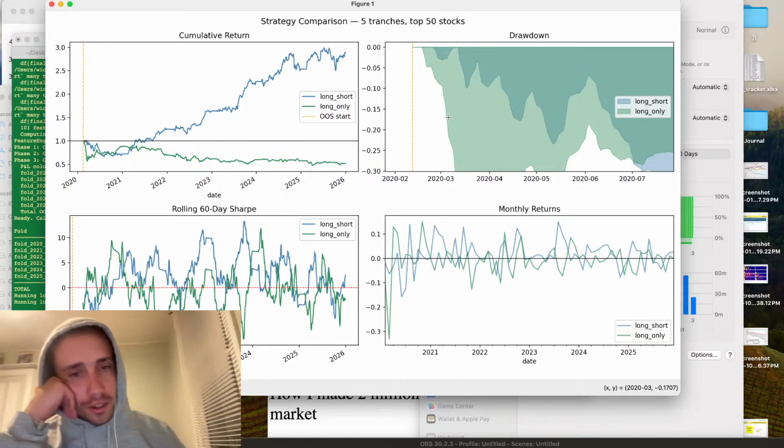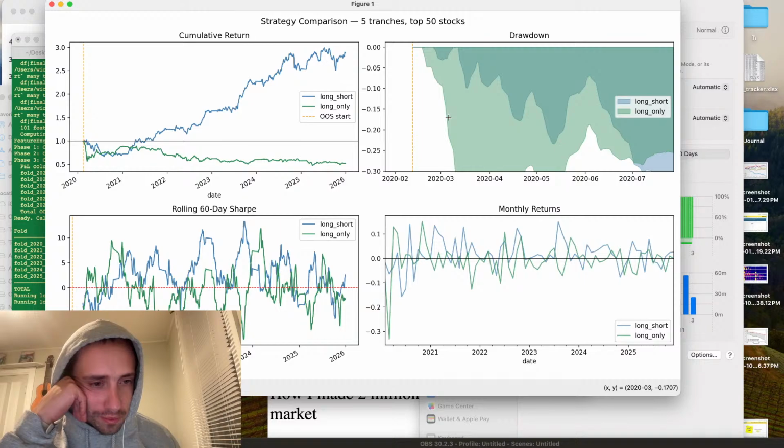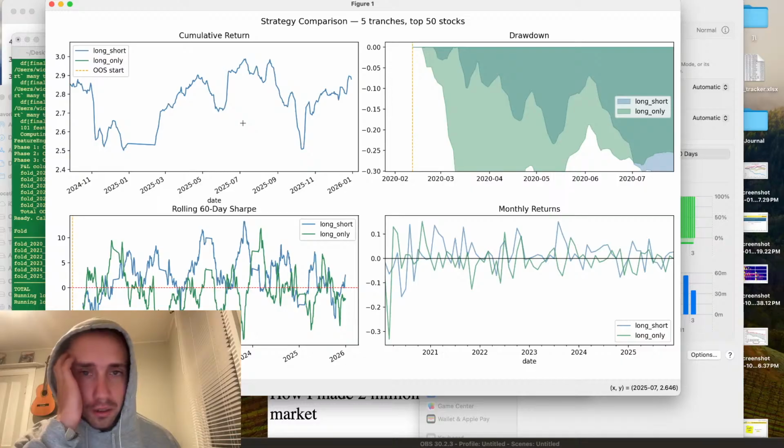But the drawdown was like 26 or 27%. But look, it's done pretty bad since here. So it looked really good like 2021 through end of 2024. But here it's basically doing nothing.